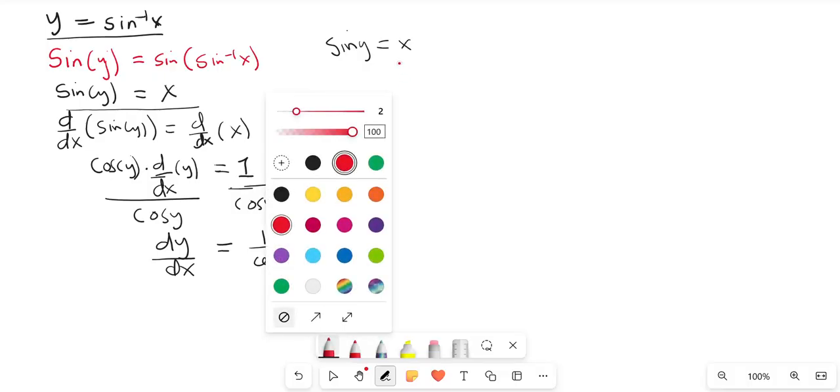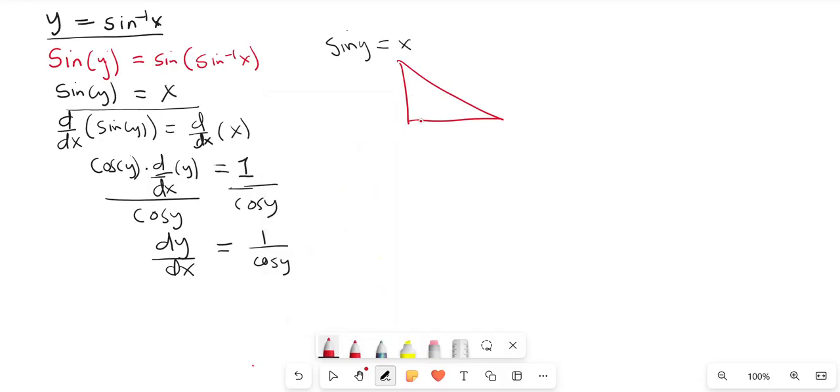We can draw a right triangle. Our angle is y. Sine is opposite over hypotenuse, so the opposite is x and the hypotenuse is 1, because x is just x over 1. Then we can use the Pythagorean theorem to find the length of the adjacent side, which we can call a.